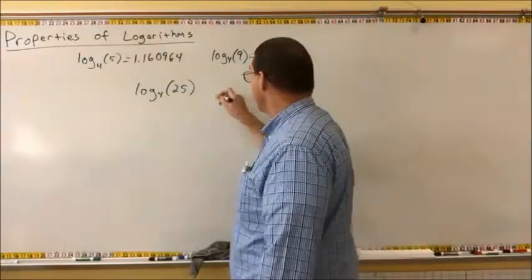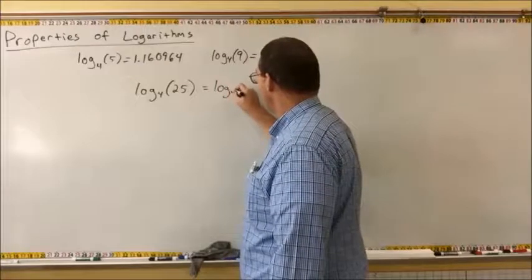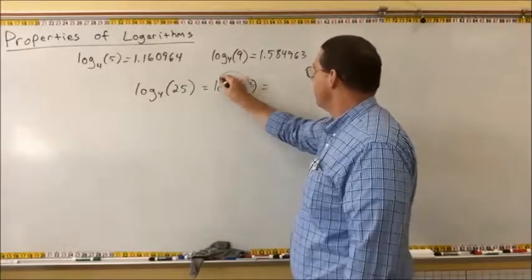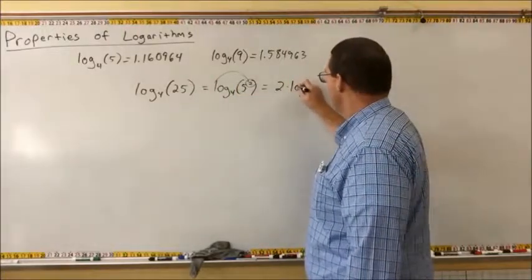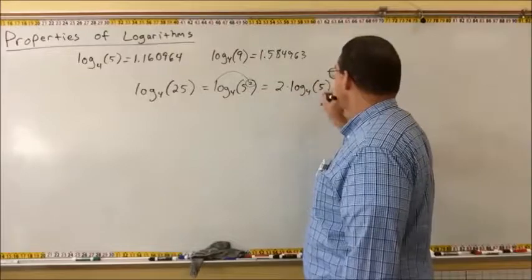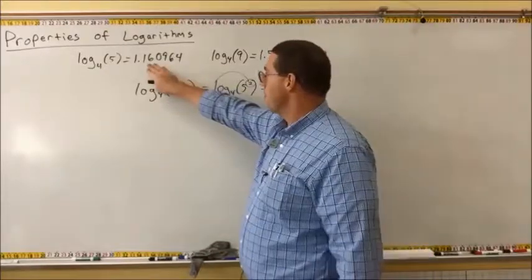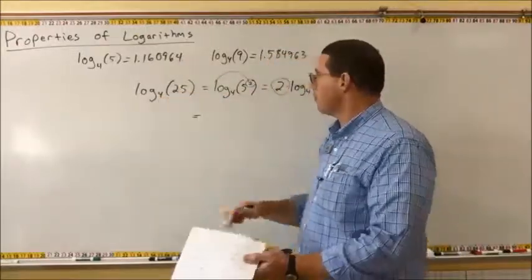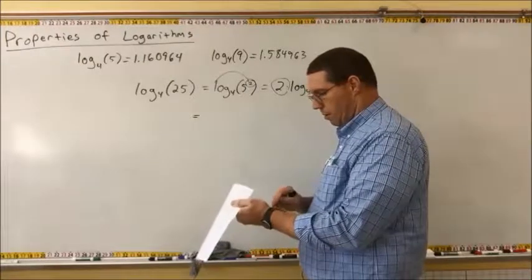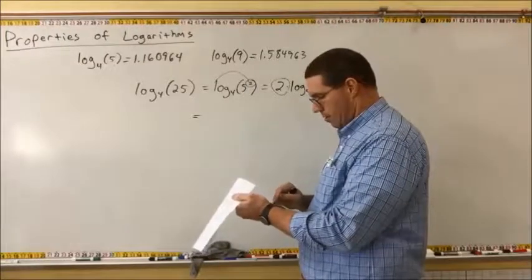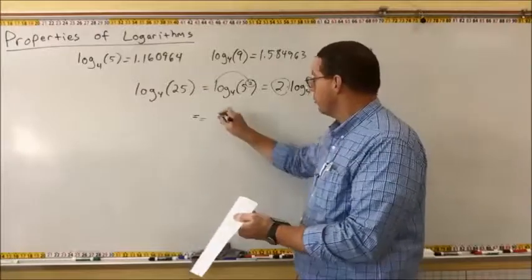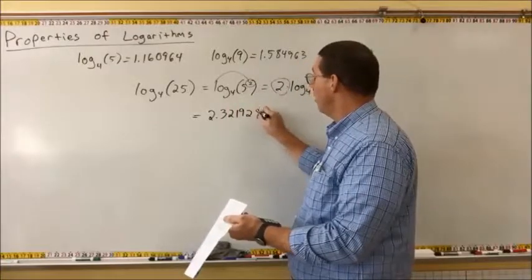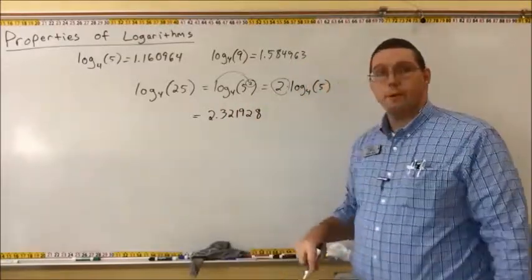So log base 4 of 25 is log base 4 of 5 squared, which becomes, if we move the 2 to the front, 2 times log base 4 of 5. And log base 4 of 5 is this number, so we just have to multiply that number by 2, and it'll be equal to log base 4 of 25. So 1.160964 times 2 is equal to 2.321928. Okay? All right, so that one's good.